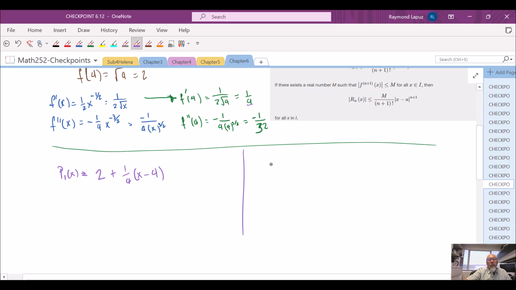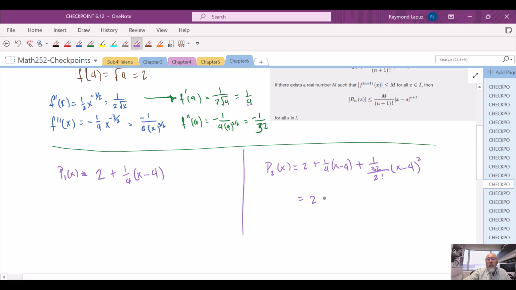Our second polynomial, p sub 2, is going to be the same thing, 2 plus 1/4 x minus 4, and then now we have to add on a negative 1 over 32. Oops, we have to also divide that by 2 factorial, and then x minus 4 to the second power. 2 factorial is 2, so I think this will end up to be 1 over 64.